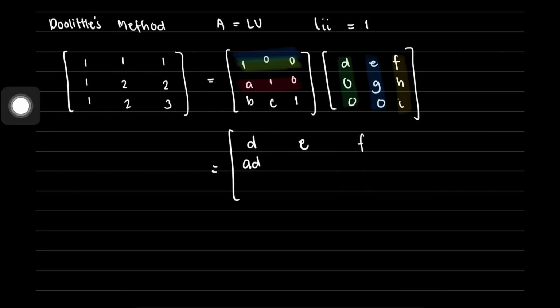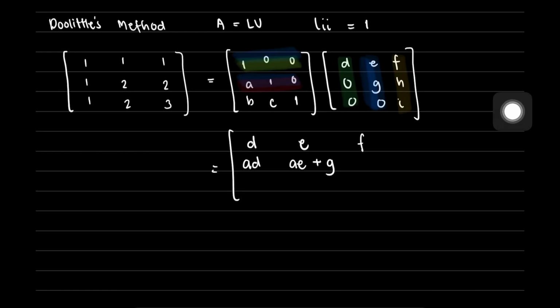And then for the second element of the second row, that would be the second row multiplied by this column, right? So now we have A multiplied by E plus 1 multiplied by G, so that's AE plus G, and then 0 multiplied by 0.